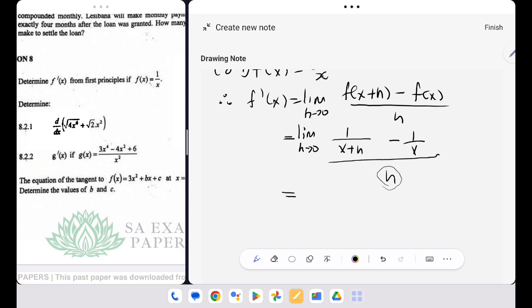Whenever you deal with fractions, I don't like working with fractions within a fraction. So what I'll do is multiply the top and bottom by the lowest common denominator.